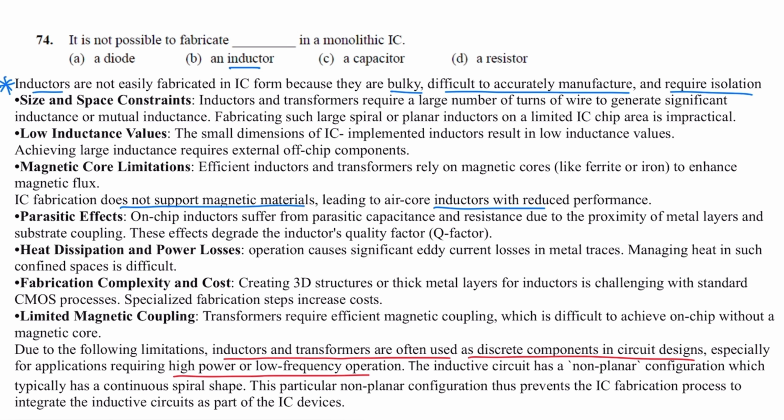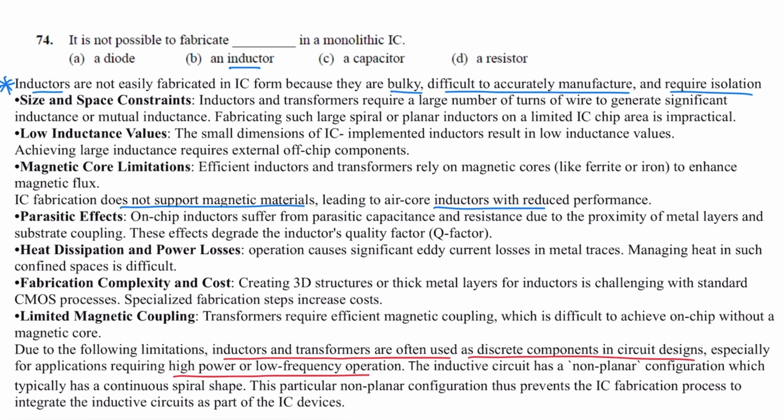This non-planar configuration prevents the IC fabrication process from integrating large inductive circuits as part of IC devices. The conclusion is that inductors and transformers cannot be fabricated in IC form.